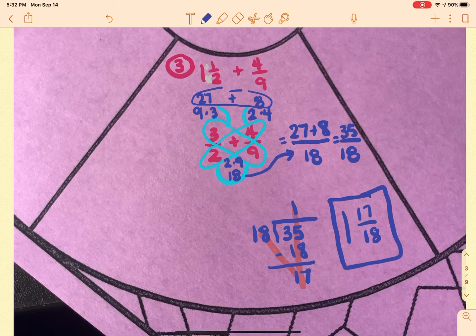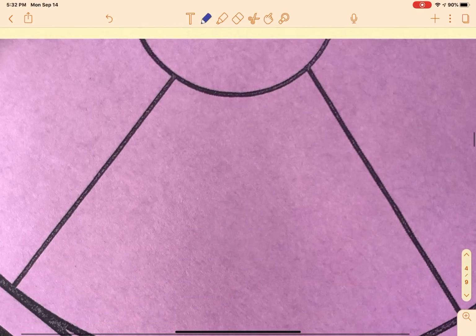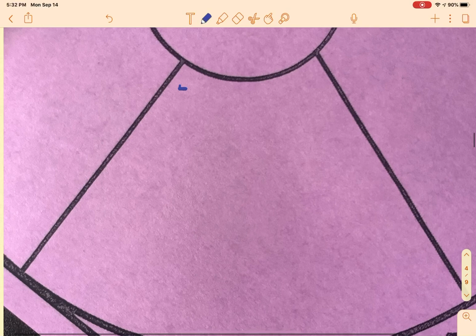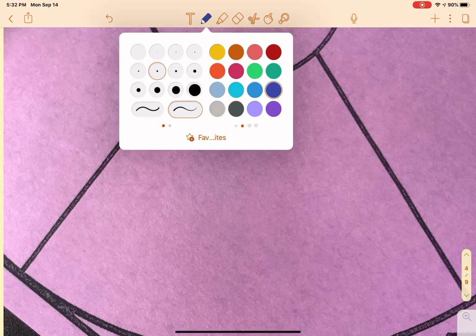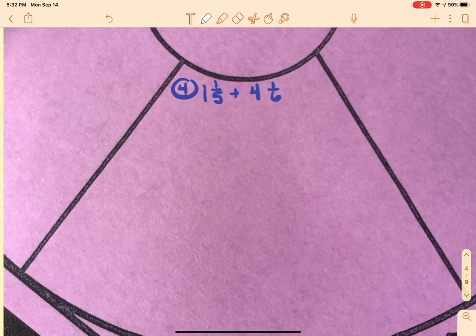Okay, one more left. Let's look at one that has both numbers being a mixed number for our last one. So for number 4, 1 and 1/5 and 4 and 1/6. So since they're both mixed numbers, I'm going to change both of them to improper fractions.